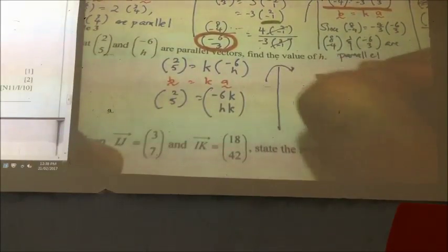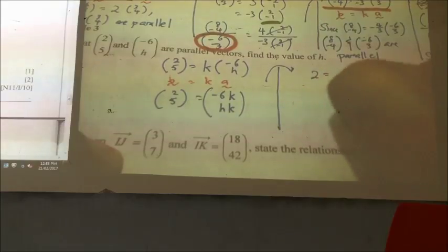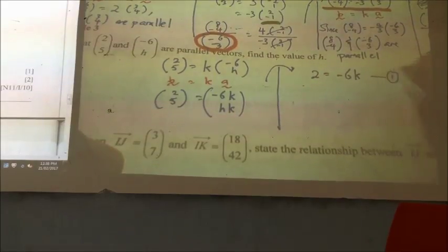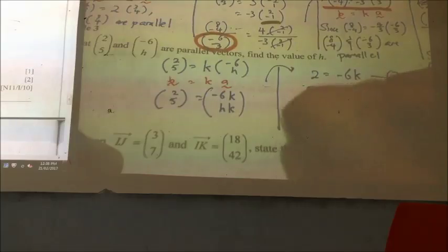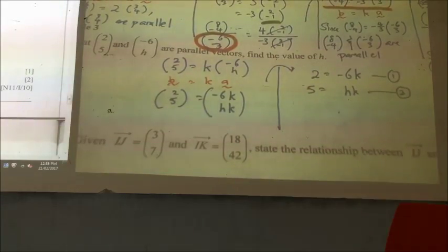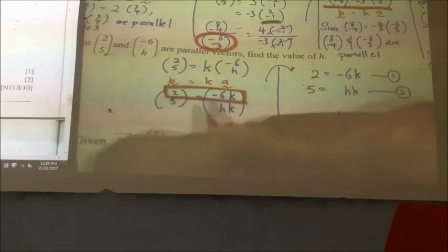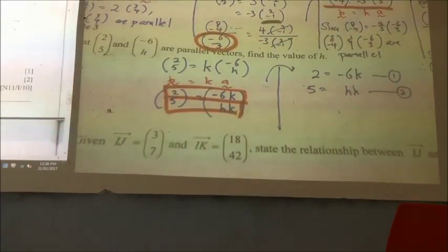And therefore, I can write 2 equals negative 6k, equation 1. 5 equals hk, equation 2. So I base on top equals top, bottom equals bottom. So from here, you solve.